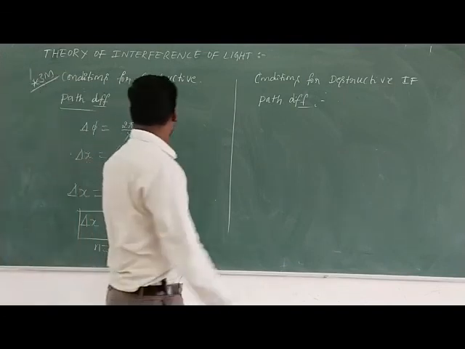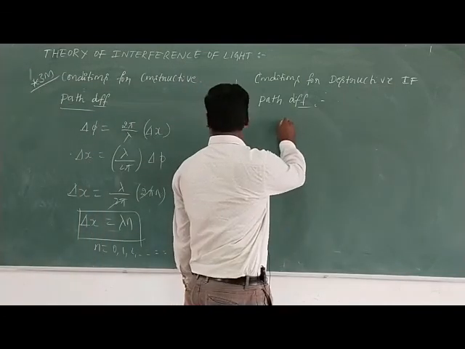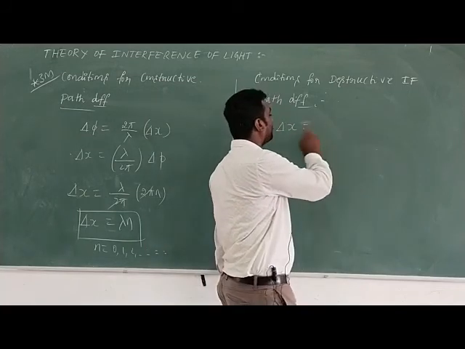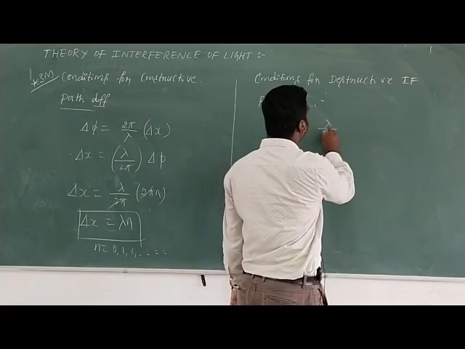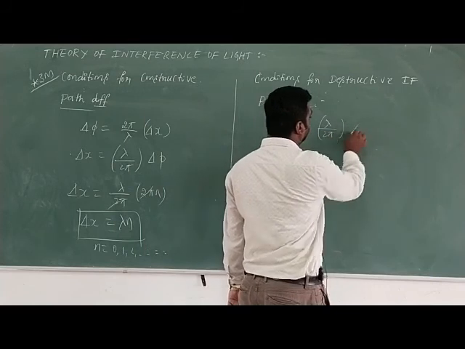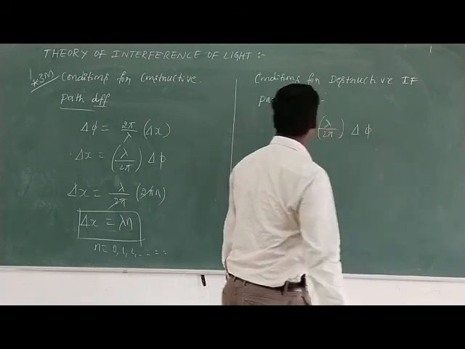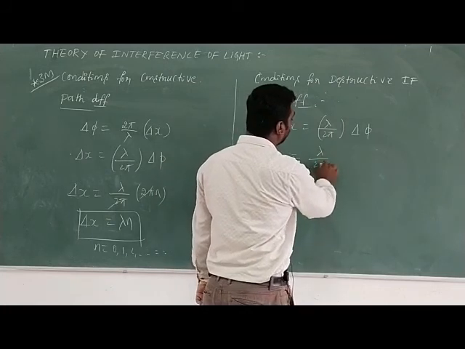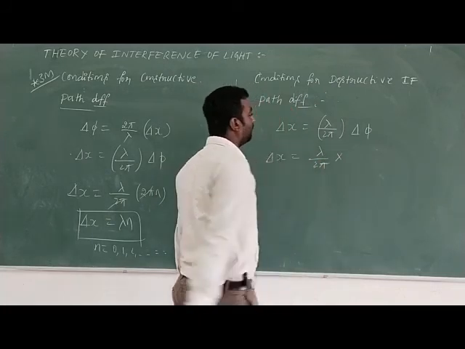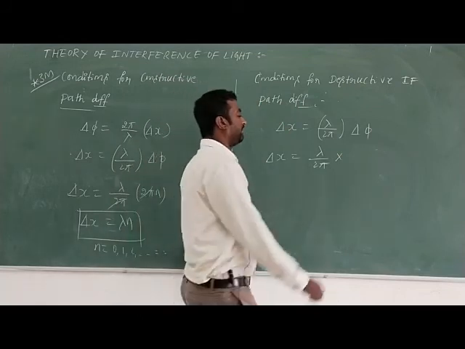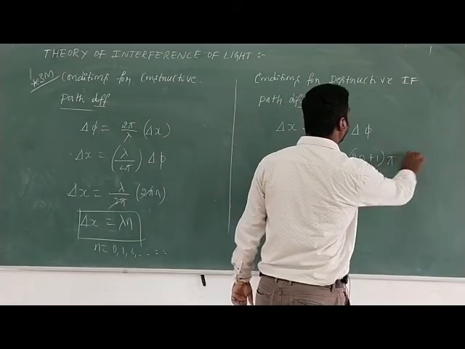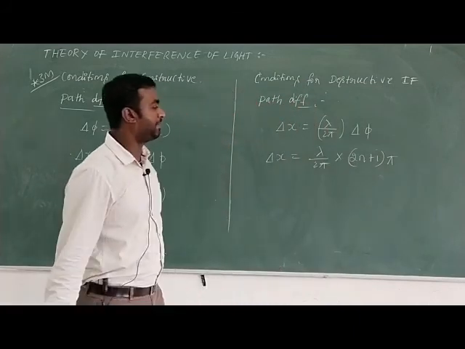Like that, now if you come to destructive interference, the relationship between phase and path difference is Δx equal to λ by 2π multiplied by Δφ. The phase difference in the case of destructive interference we got is (2n+1) multiplied by π, that is an odd integer multiple of π.